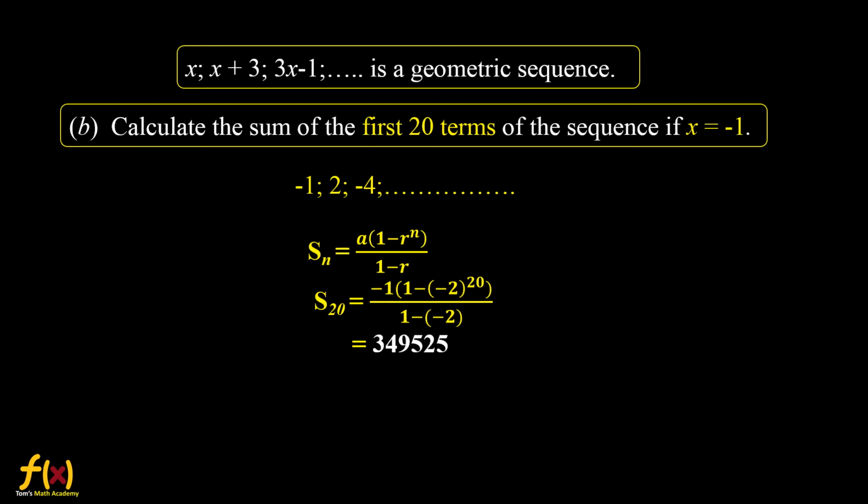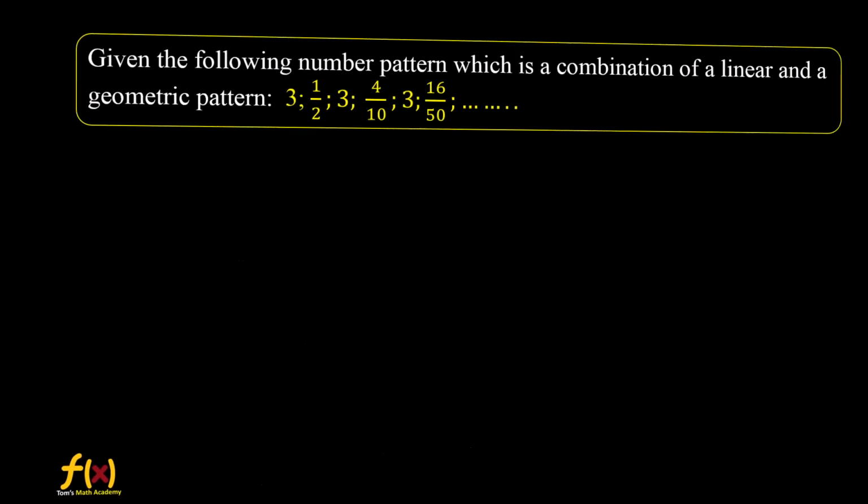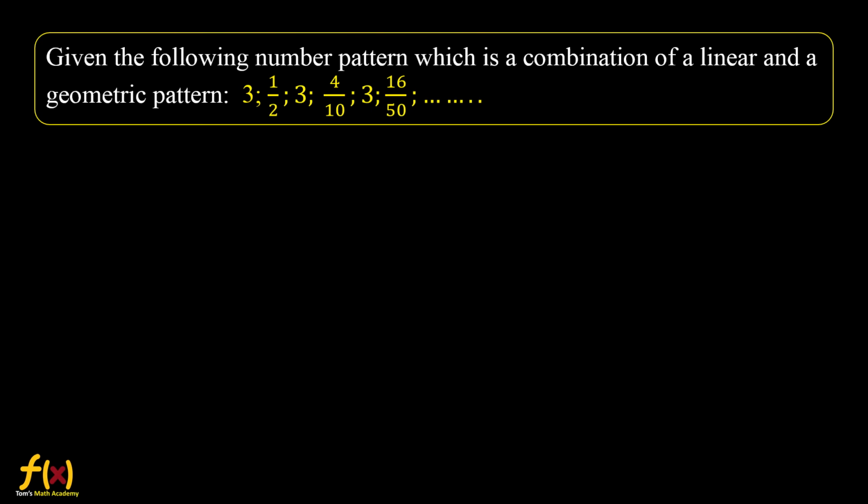So our topic is to find the sum. This video is mainly for the sum of the geometric series. Now let us look at a few good questions from geometric series.